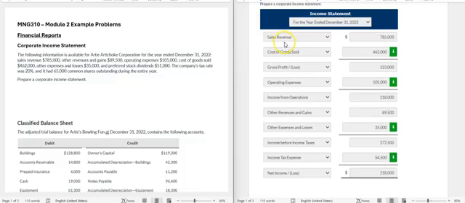So the multi-step income statement isolates this one expense, cost of goods sold, and subtracts it from the revenues those inventory items earned. If we subtract the cost of goods sold from the revenues they earned, we calculate either a gross profit or loss. Because our revenues were greater than our cost of goods sold, it's a profit.